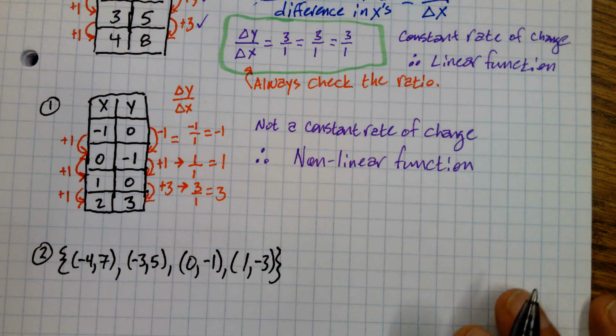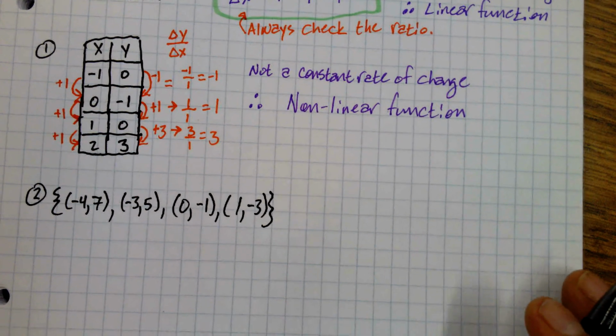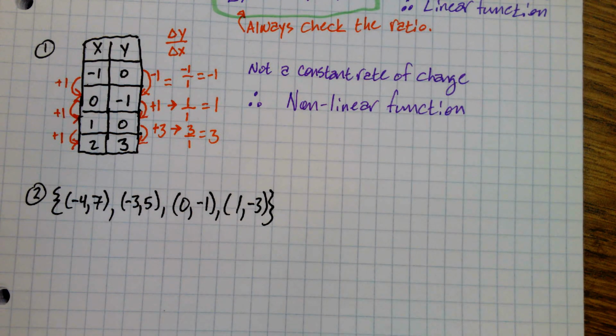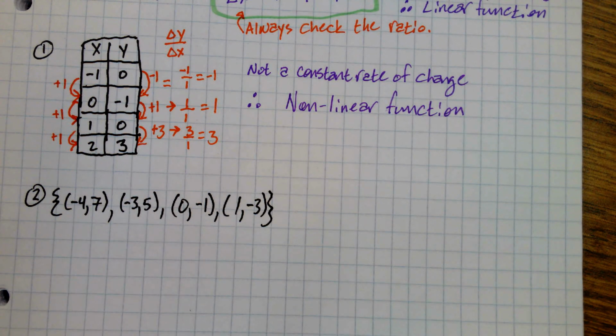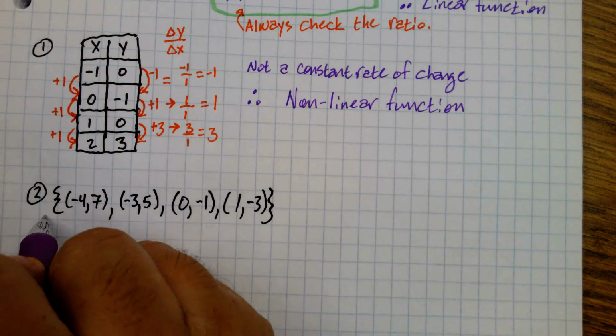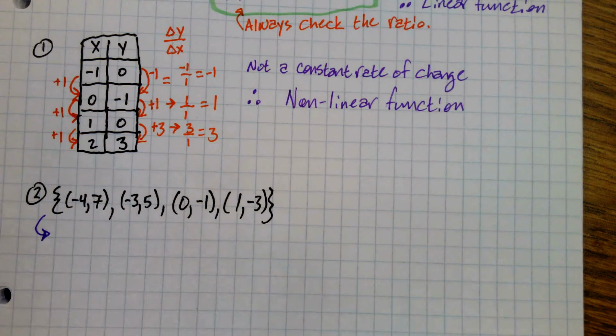What if you get something like this? It's kind of hard to tell this way, right? So if you get a set of ordered pairs this way, just form a table. So from here, take a look at it this way.